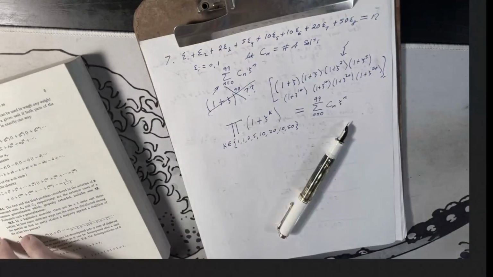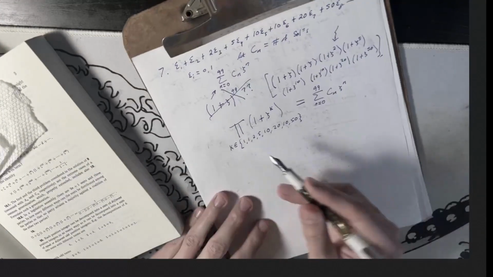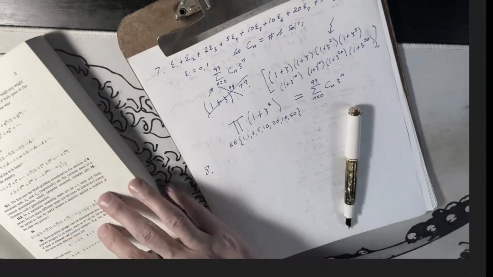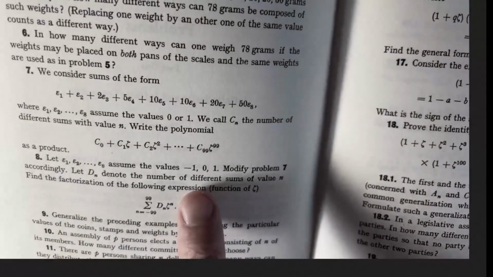No crazy comments for us to figure out this time. Now, number 8 says we're going to modify this. Number 8 says, all right, this time let the e's take on the value -1.